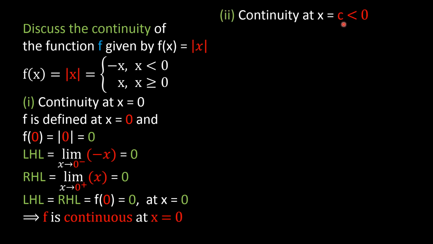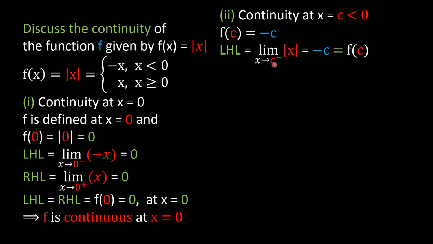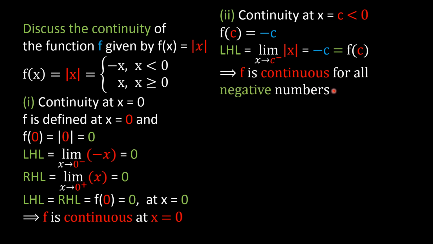Number 2. Now we discuss continuity at x equals a real number c, which is a negative real number. f(c) will be minus c according to this rule. Left hand limit will be, as x approaches c negative, minus c. Hence, we can say that f is continuous for all negative numbers. Number 3.